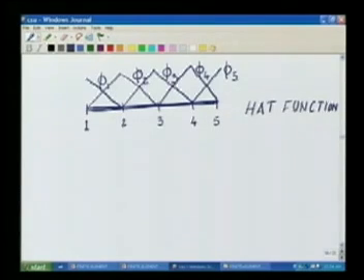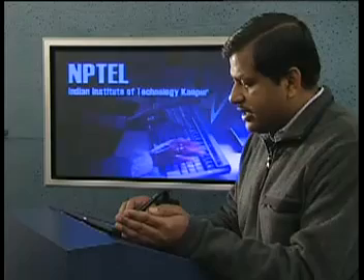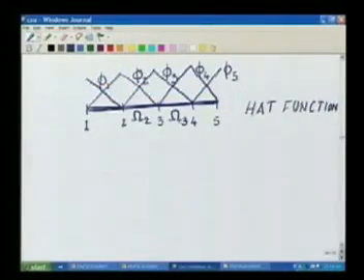Now, if you see something about these hat functions, what is happening? Each of these functions is non-zero only in certain elements. If you take, for example, phi 3, it is non-zero only in element omega 2 and element omega 3, while it is 0 everywhere else.